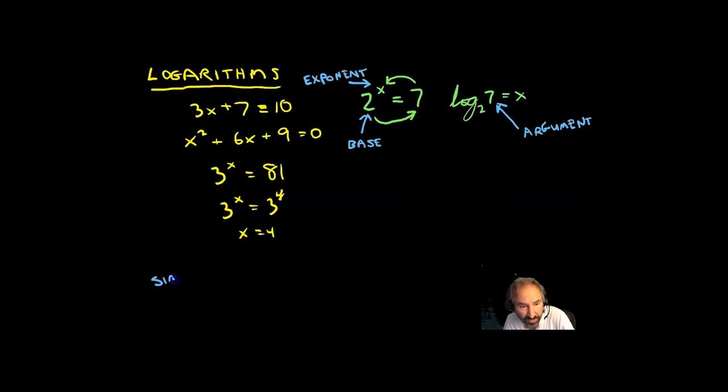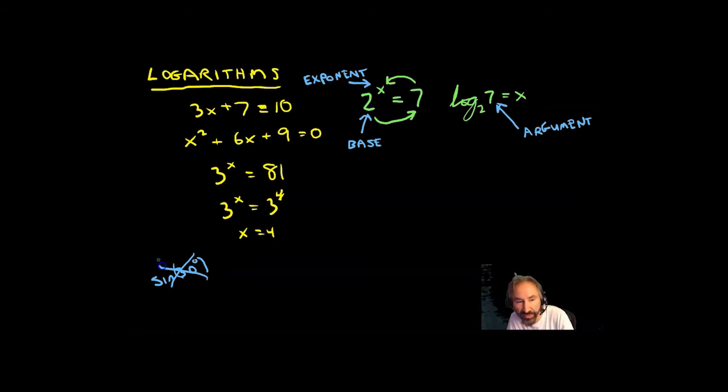If we have something like the sine of 30 degrees, maybe at some point in your math career you saw trigonometry, sine, cosine, tan. This 30 degrees would be the argument of the sine. In other words, whatever the function is acting on, in this case the sine function, we call it the argument. And in this case, this is a log function and it's acting on the 7, so we call it the argument. Now, those are not great reasons to call it the argument, but typically people refer to the 7 or the 30 degrees as an argument.